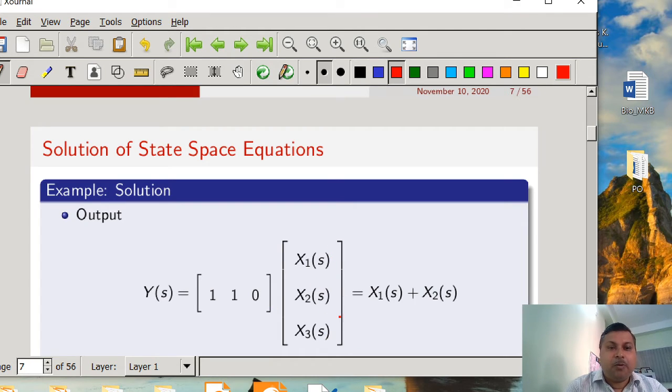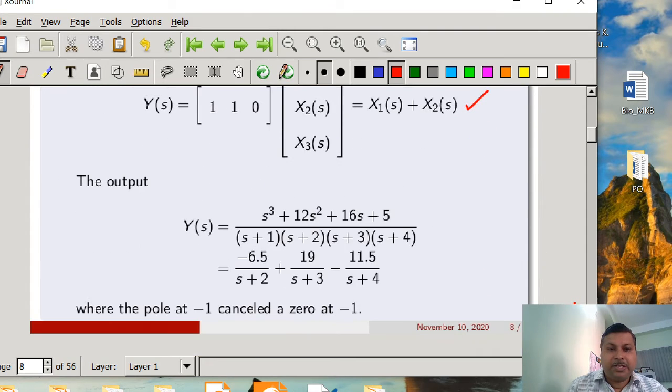It means that Y(s) is equal to X1(s) plus X2(s). We already have the expressions of X1(s) and X2(s). We will substitute and get the ultimate expression of Y(s), which can be written in partial fraction expansion, such that we can compute y(t) in the time domain.